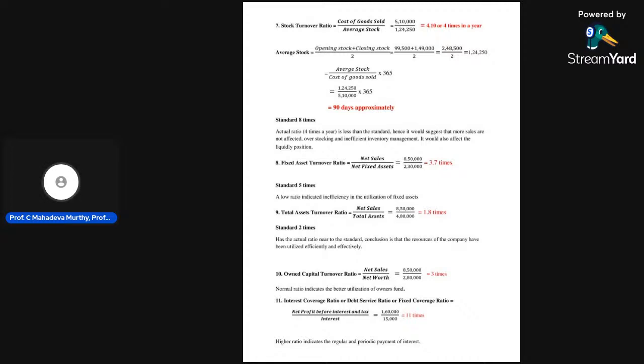If you go for converting it into days, the formula is average stock divided by cost of goods sold into 365.